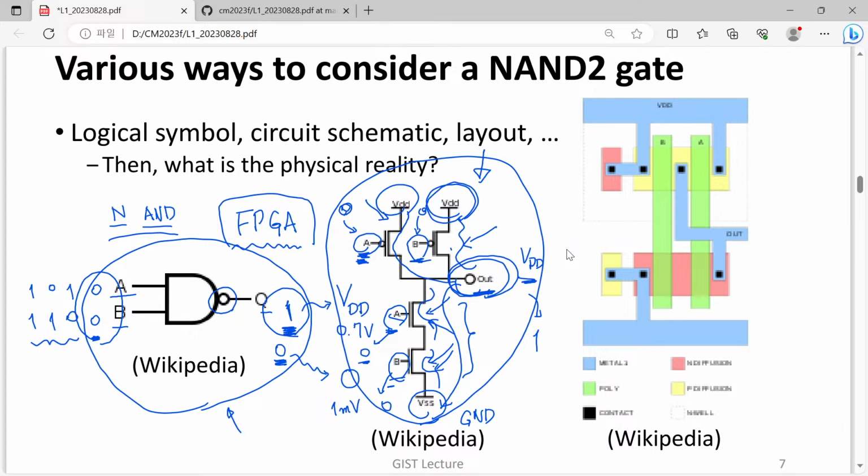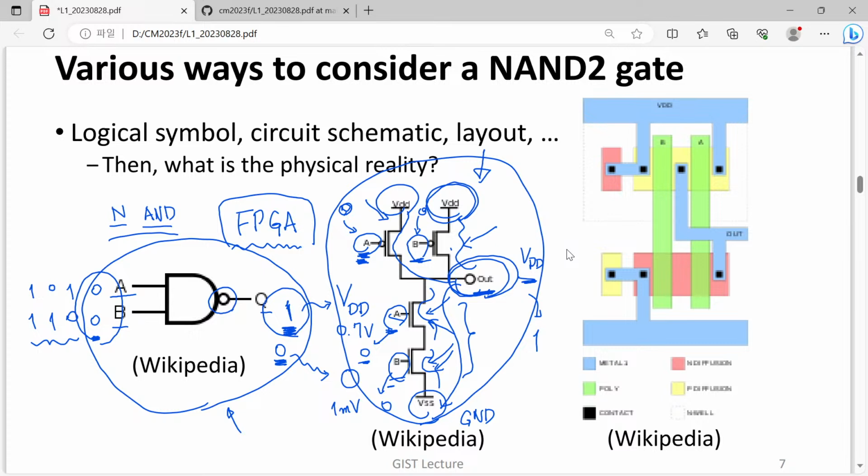But up to now, I have discussed many different ways to represent the same logical function. You can find that the left one is quite abstract and clean. And if we go to the right one, it becomes more complicated and more physical details are hidden.